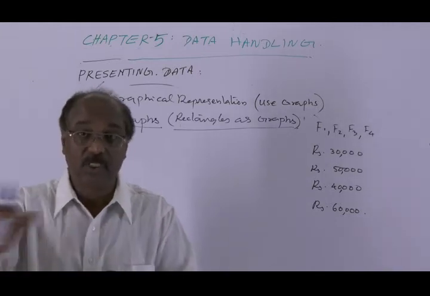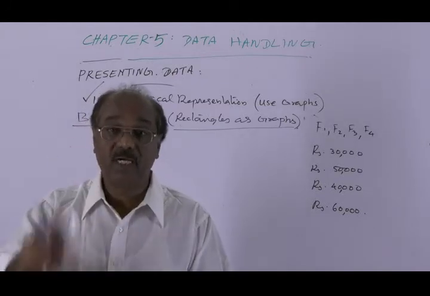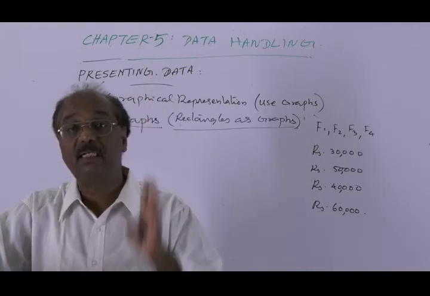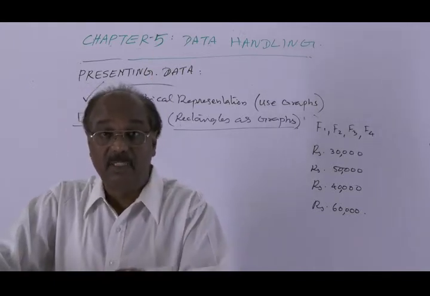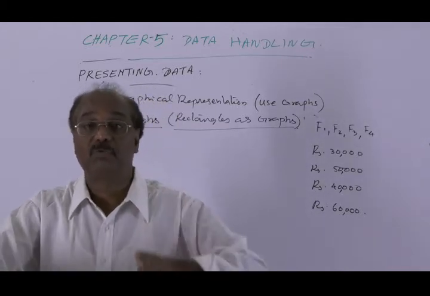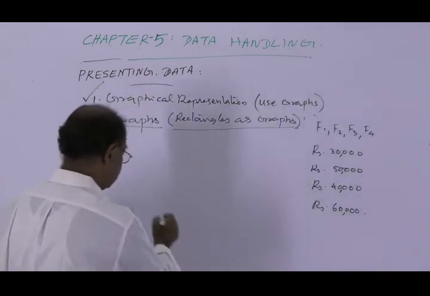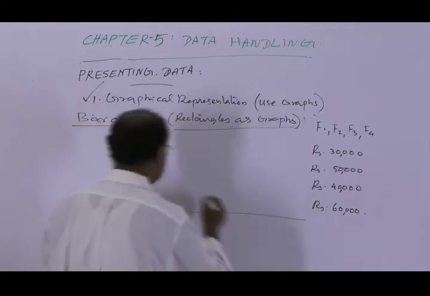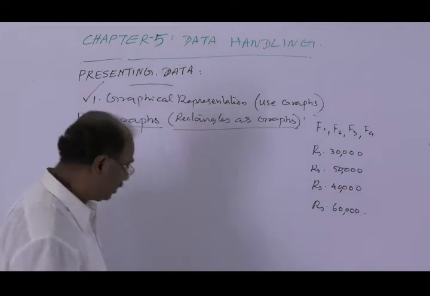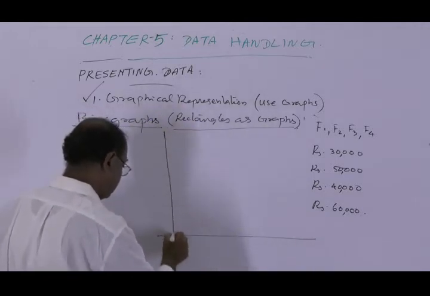For this we use a horizontal line and also a vertical line. On one line we represent the families, and on the other, the vertical line, we represent the values of the observations. To represent this, we first draw a horizontal line and then a second line perpendicular to the first.